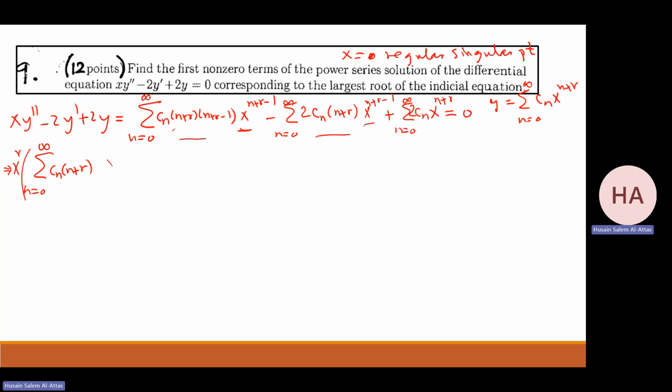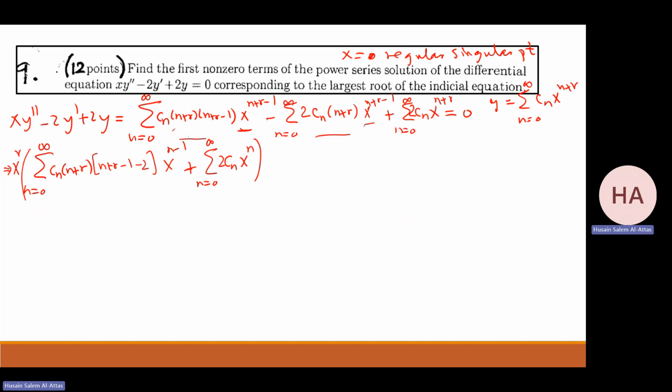That will be summation n equals 0 to infinity, c_n (n+r)(n+r-1-2) times x to the power n-1, plus summation 2 c_n x to the power n, where n starts from 0 to infinity.